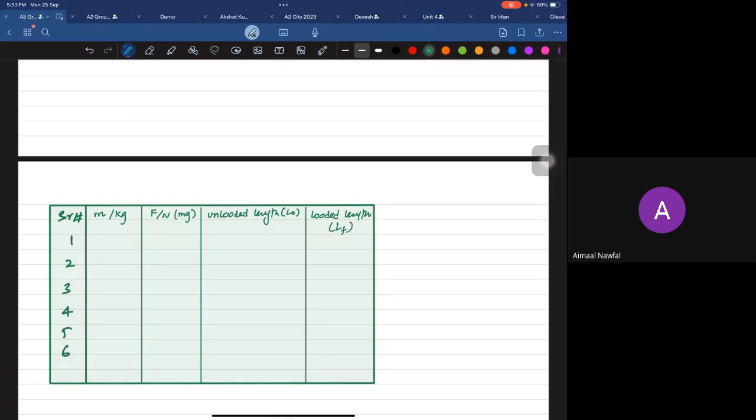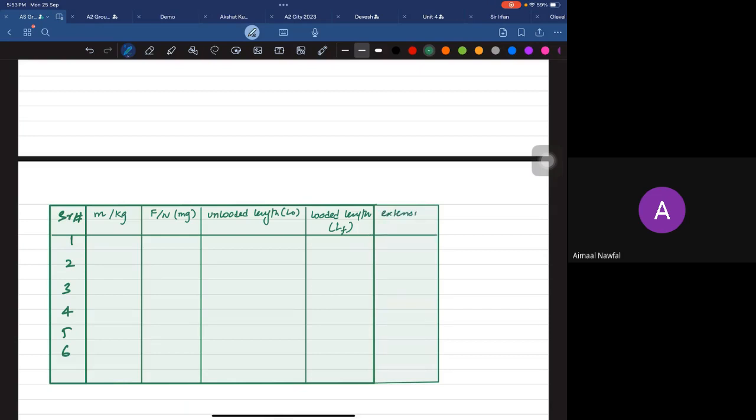Okay, so the loaded length will be like this, right? So you got to basically take these, and then you have to have another column. Sorry that I failed to draw. Okay, so for this one, I just want to tell you, you need to have extension.